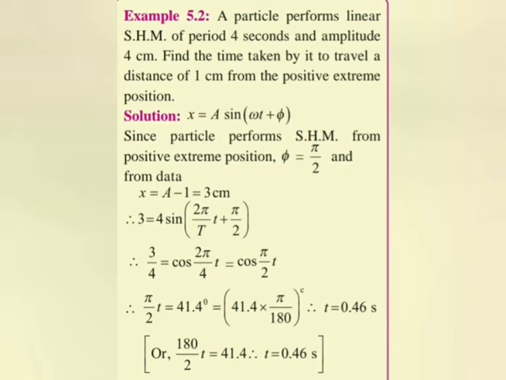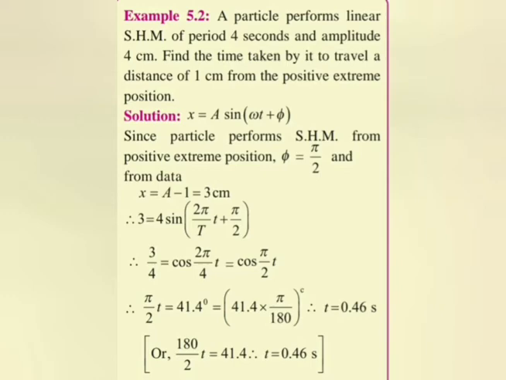So when we substitute the given condition in the displacement formula, the value of x, net displacement, is 3, amplitude is 4, sine omega t. It means students, as you know very well, in this extreme condition we are applying phi as pi by 2, and the omega value, as I have already explained, angular frequency, is 2 pi by T, and small t is as it is.